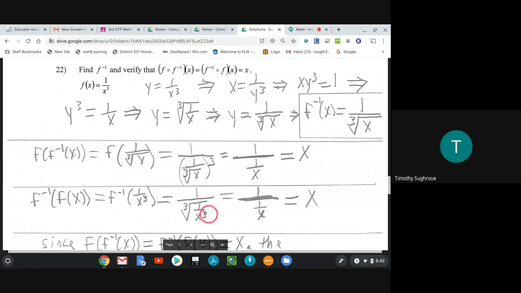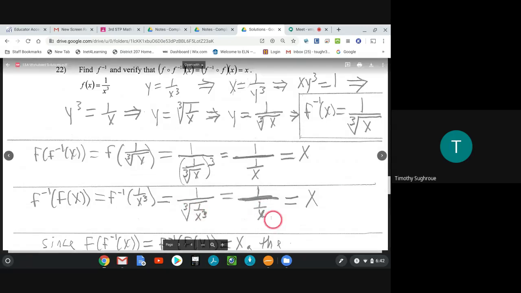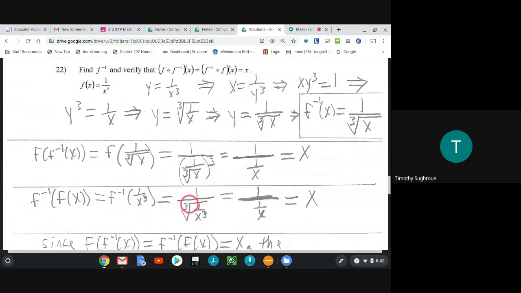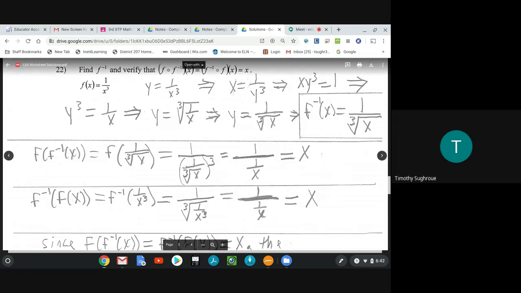The cube root of x cubed is x. Notice the last step is the same in both of these. So when we flip, we still get x. It's the second to last step that's different. And that's what I'll look at carefully to make sure that you are actually cranking out the composites correctly, not just making something up and setting it equal to x, because we already know the answer. We're verifying.